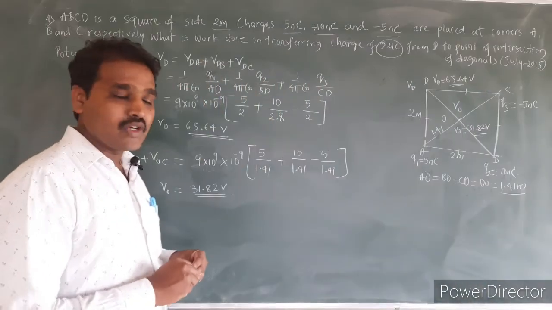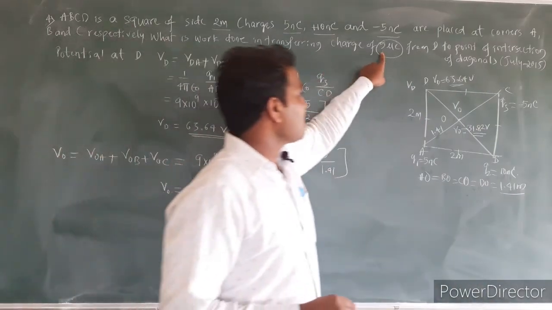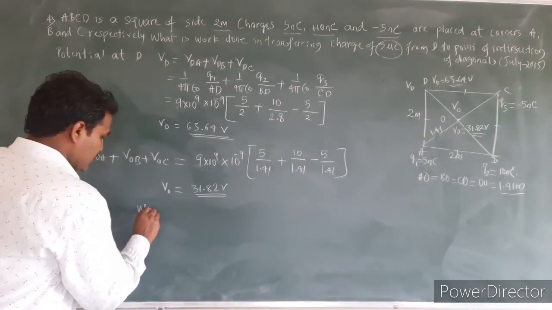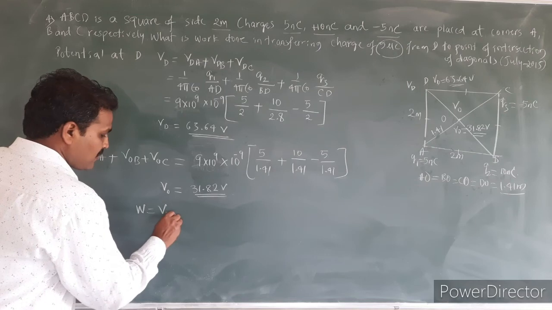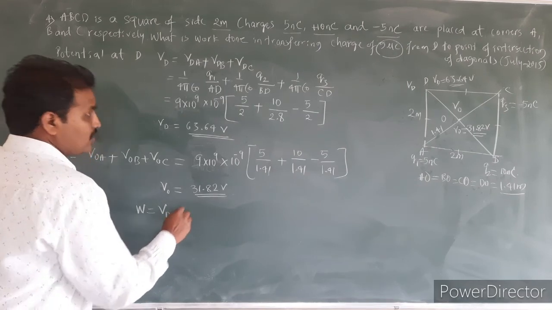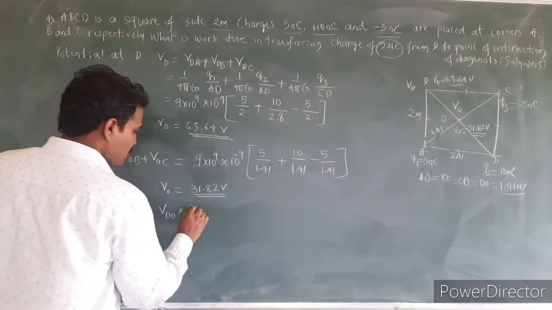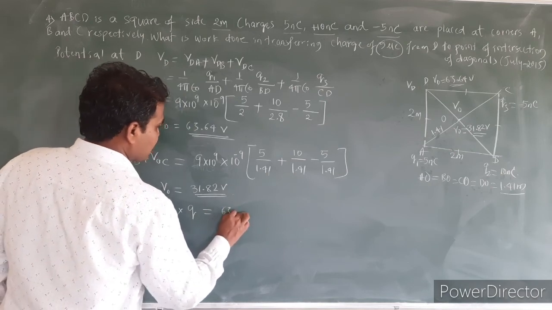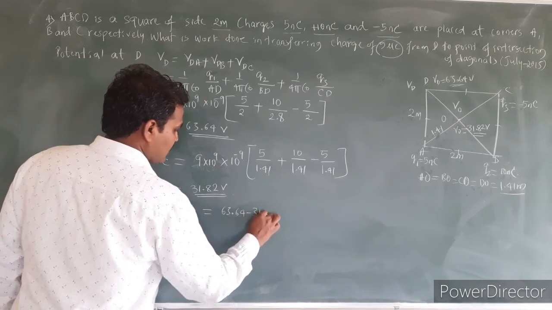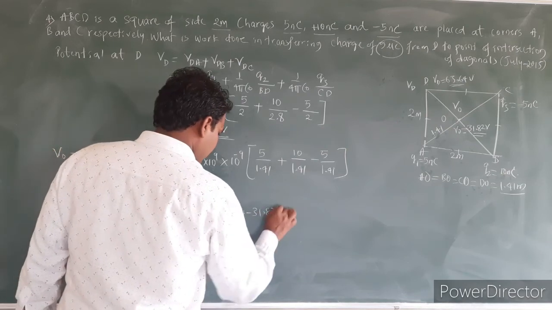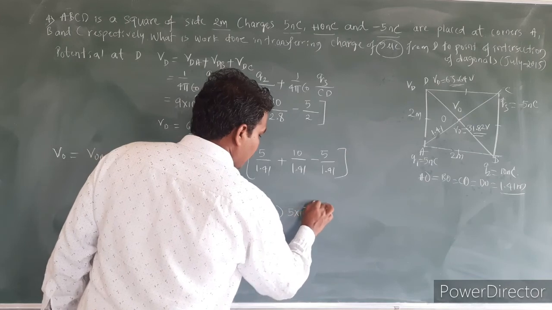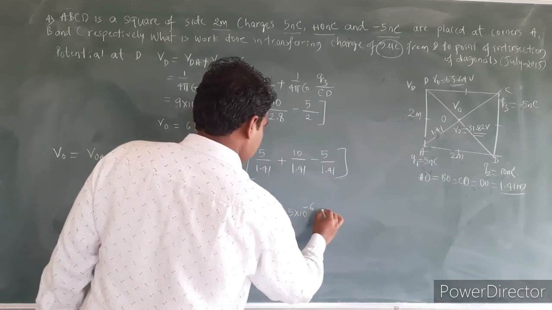The work done in moving the charge of 5 microcoulomb from point D to O is given by W equal to the potential difference between point D and O into the magnitude of the charge that has to be moved. So that is 63.64 minus 31.82 into 5 into 10 to the power of minus 6.